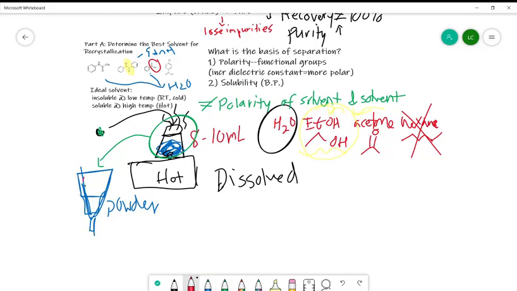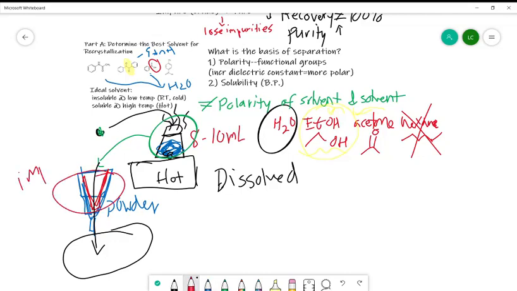And then you stuck a filter paper, and your compound of interest was dissolved, so it got filtered through, and then all this stuff is impurities. So your impurities were insoluble. And then once you had this purified solution that was dissolved, you then put it in an ice bath.